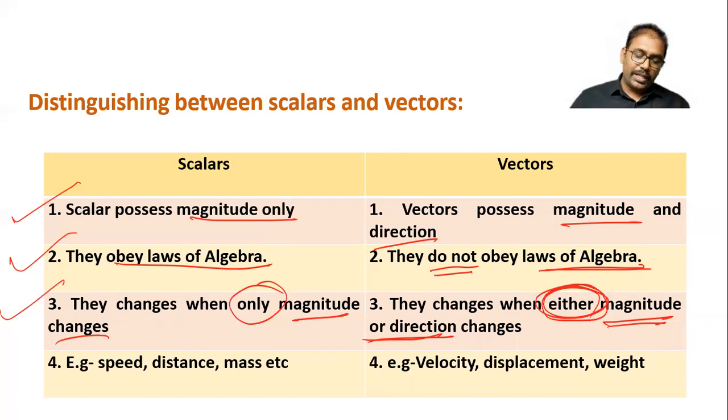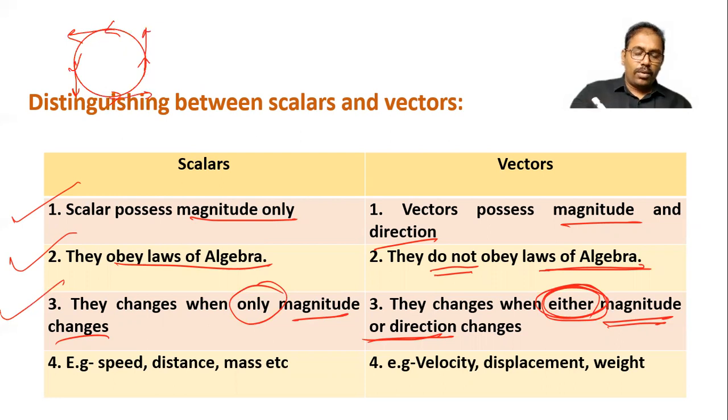Remember one thing when we are talking about circular motion. When an object is moving in a circular motion, it continuously changes its direction. So in circular motion, any vector we are talking about always changes. For velocity, at this point this is the direction, and at another point this is the direction.